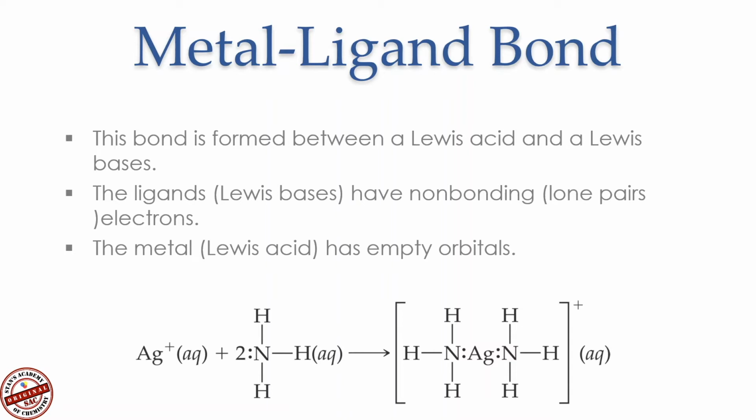Therefore, silver chloride tends to react with ammonia, which is a very strong ligand, and tends to form a complex which is soluble in water. The formation of this compound is confirmation for the presence of chloride by a secondary test.